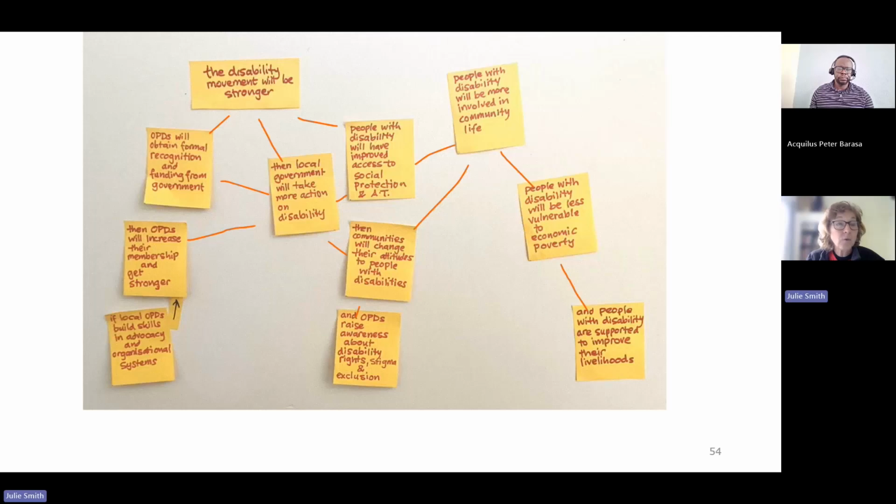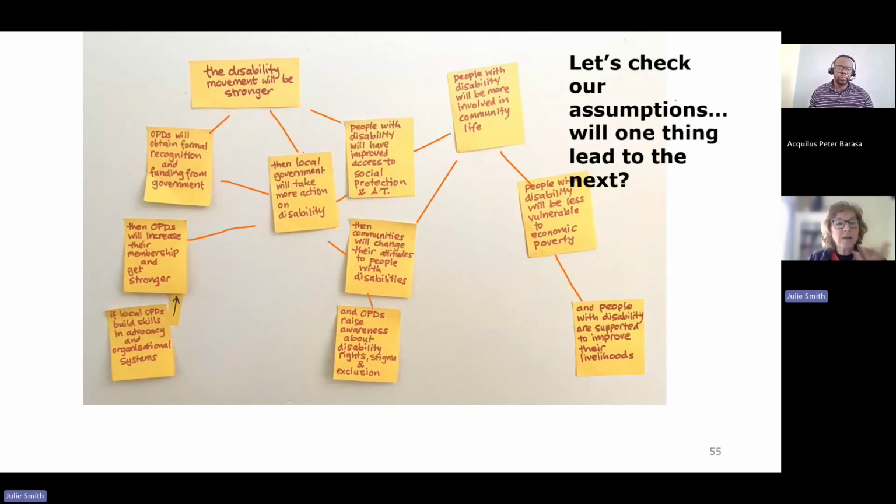And the event will be accessible. And if the OPD obtains formal recognition and people get access to social protection and to assistive technology, then one of the higher outcomes of the project approach is that the disability movement will be stronger. All right, so that all sort of makes sense. So that's what we've got.